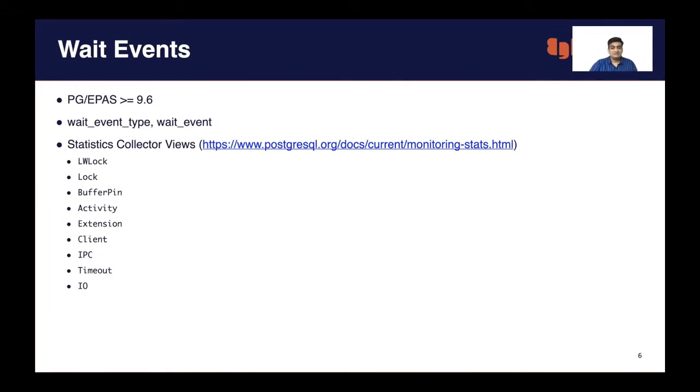And before 9.6, there was no way to figure out if a user is actually waiting for certain operations, except for the locks.